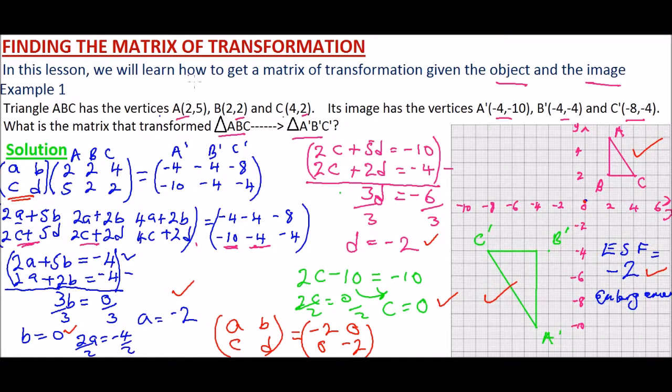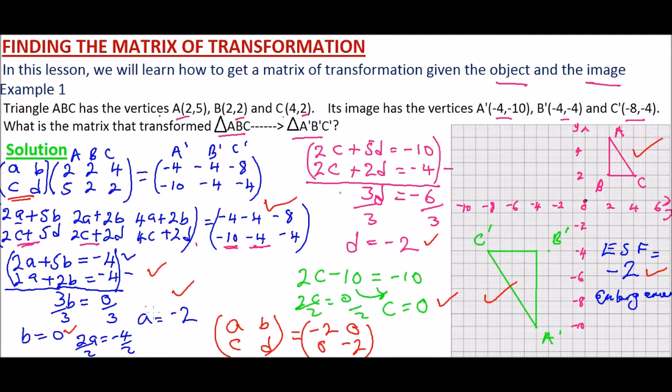Then once you are able to multiply and you equate the two matrices which you form from the object and the image, you'll be able to form equations which you solve simultaneously.